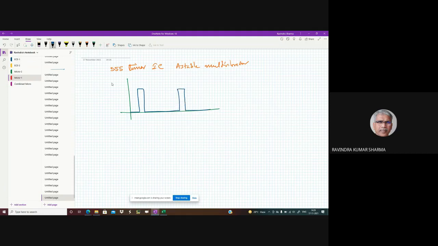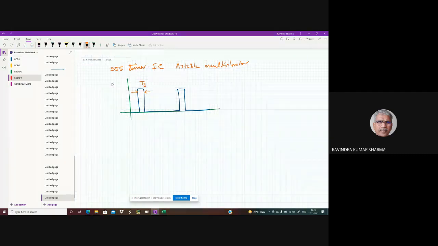So you have the possibility of setting T1 and this T2, controlling these two times independently, right?